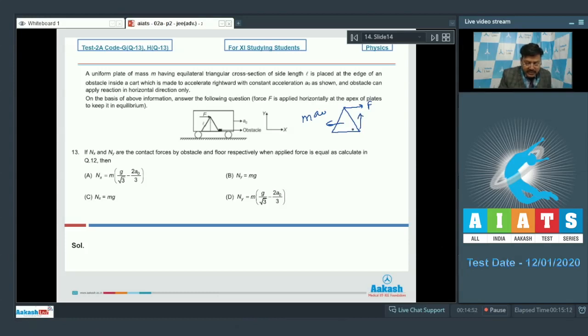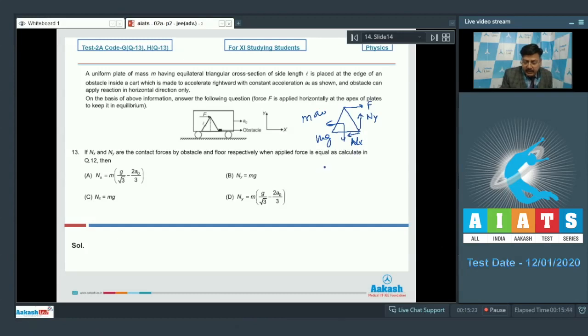This is the normal reaction by the floor, so this is Ny, and the normal reaction by the obstacle is this. Let's call it N. In fact, it's been called Nx. So we can see that, and of course there is mg.